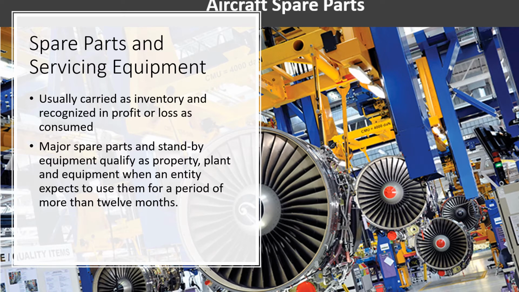So we are using the concept of immediate recognition here. Remember, we have a different expense recognition principle for spare parts. For normal spare parts, the expense recognition principle used here is immediate recognition. So as you use the asset, you recognize that already as part of your expense.